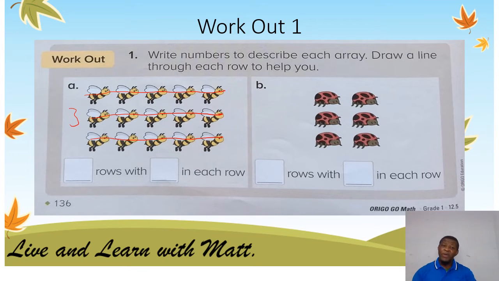And how many bees in each row? We have 1, 2, 3, 4, 5. So we write it to be 3 rows of 5 bees in each row.